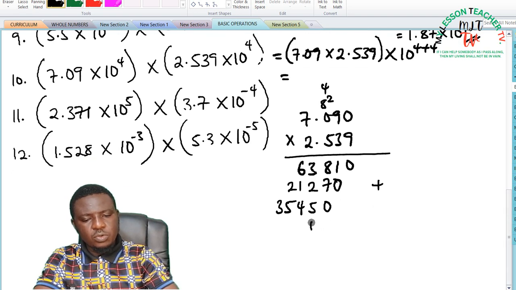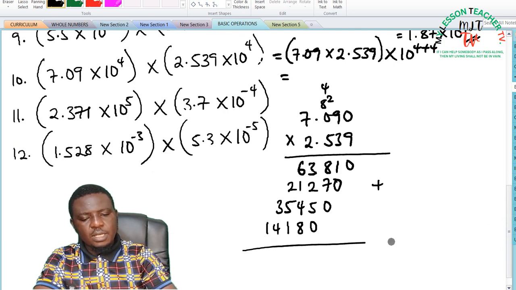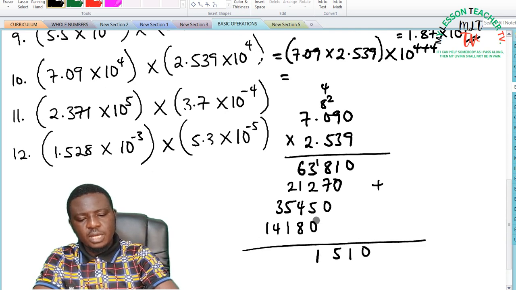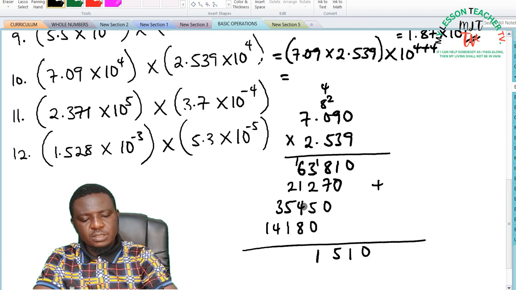This is 0, 8, 1, 14. This is 0, 1, 15, carry 1. This is 10, 11, 1, carry 1. This is 10, 20, 0, carry 2. This is 4, 9, 10, 0, carry 1. 7 plus 1 is 8, and 1.